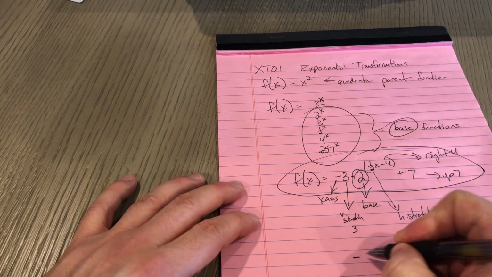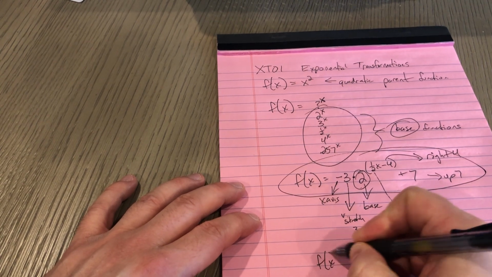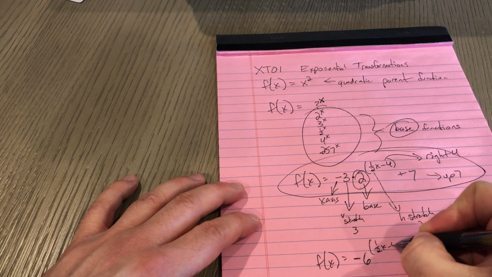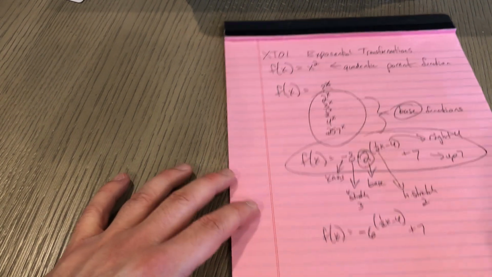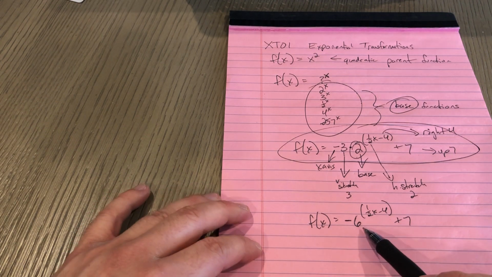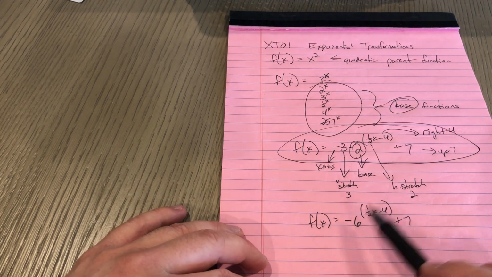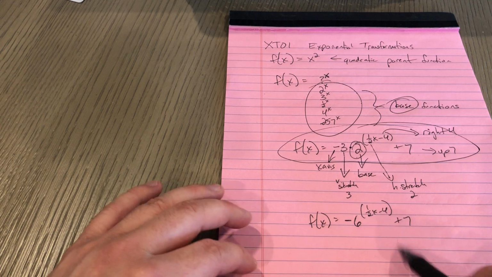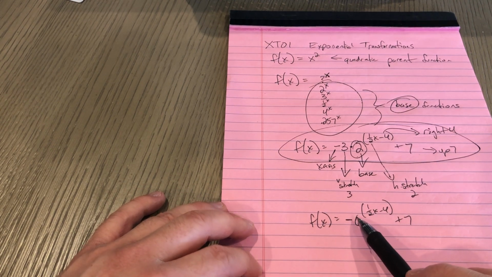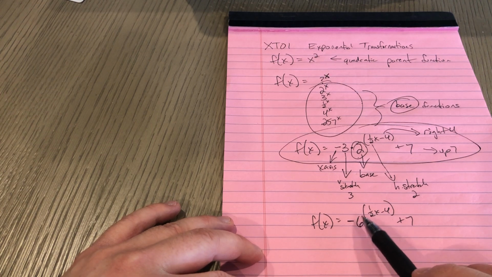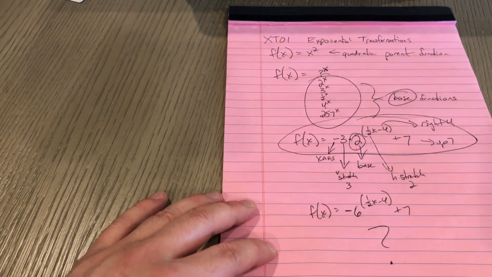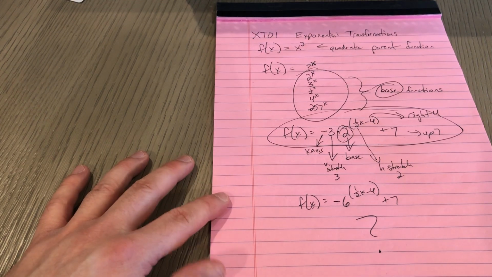But let's just play around with this. Let's say it was -6 to the 1/2 x minus 4 power plus 7. Okay, we're playing your little game. Well, what if I told you that 6 was not the base of this function, meaning there was some kind of vertical stretch or shrink that happened before it? You would say, I have no idea what that transformation was.